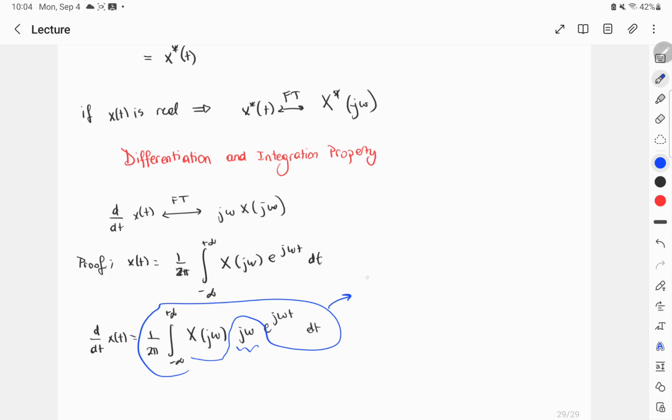Therefore, we can sum it up. Let me write this here. Therefore, this one is actually equal to... as a result, we can see that what did we do? We connected the time domain with the frequency domain.